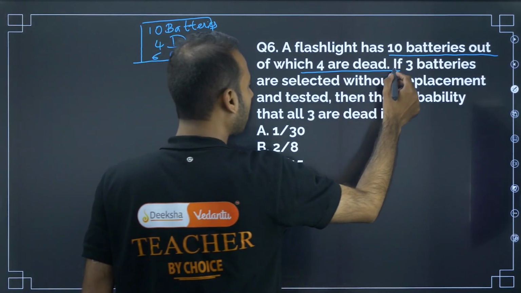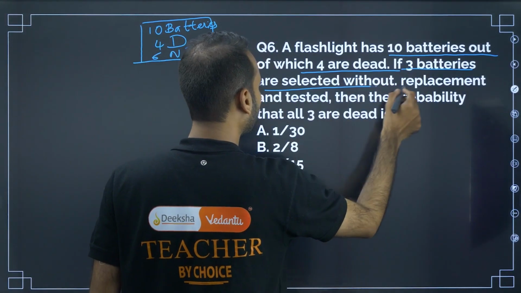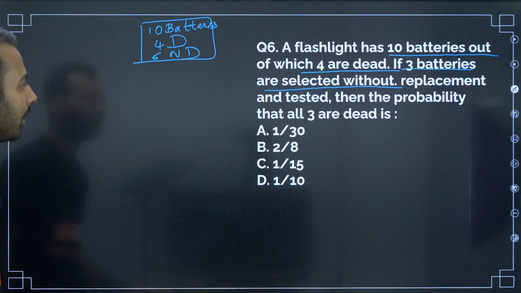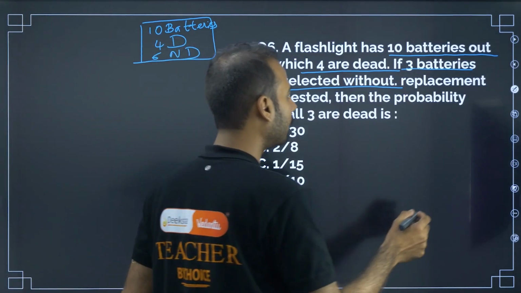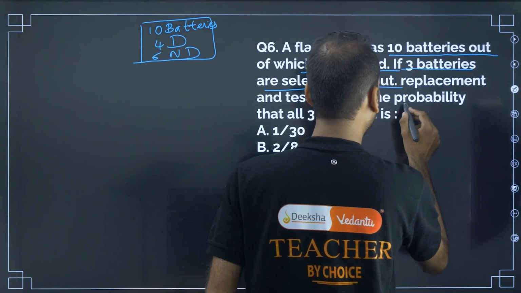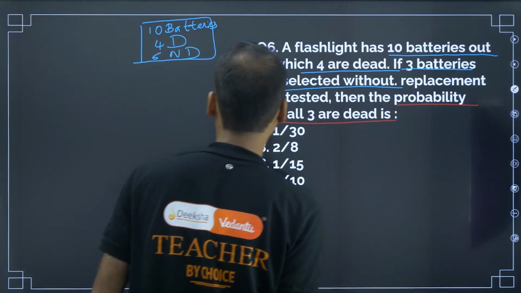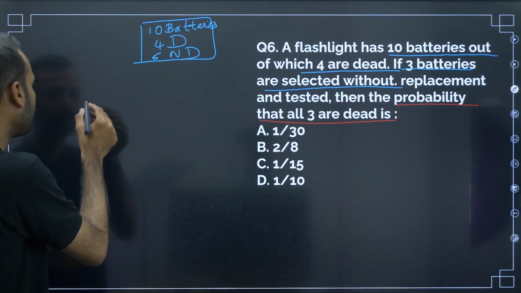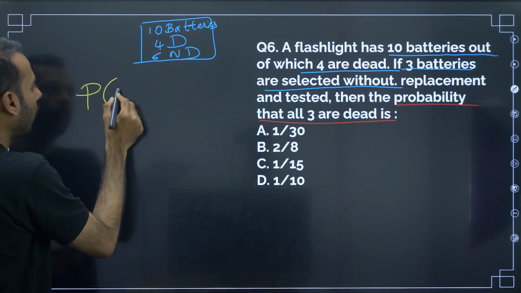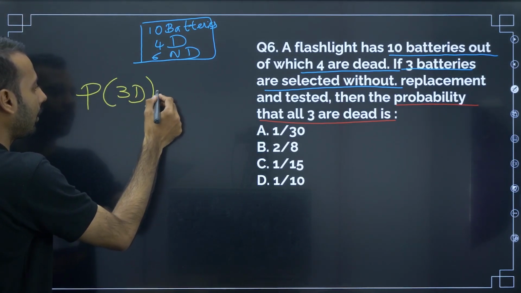If 3 batteries are selected without replacement and tested, then the probability that all 3 are dead is what?